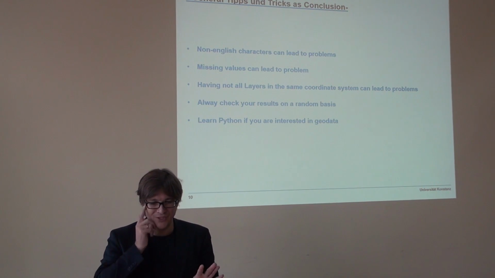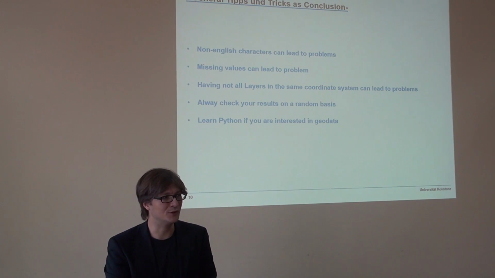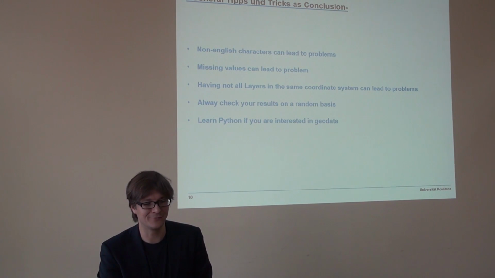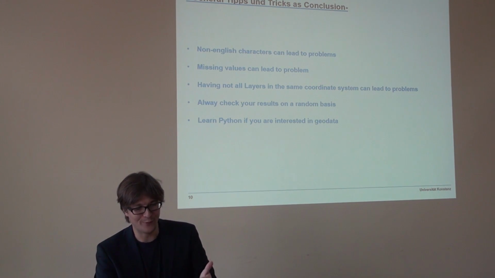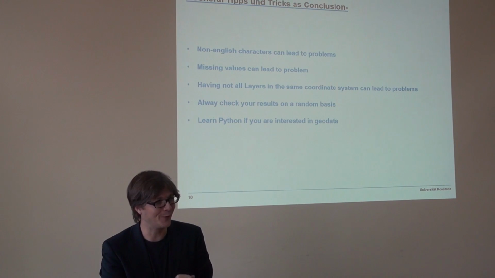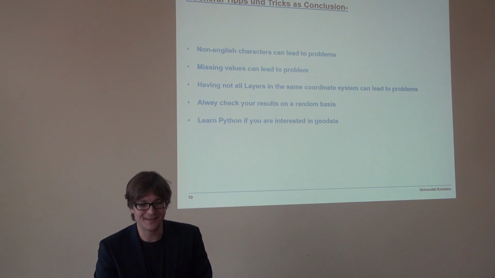Okay, some general tips and tricks as conclusion for these first steps with geographic information systems. One, non-English characters can lead to problems. They don't have to, but they can, so it's better to avoid them. Second thing, missing values can lead to problems, so you have to fill them and you have to think about how to deal with them.